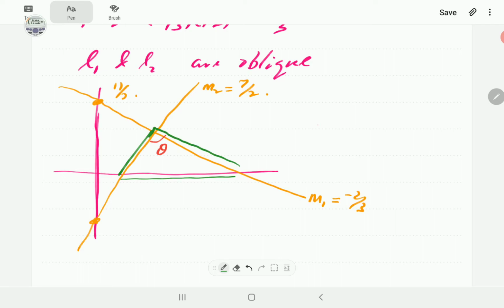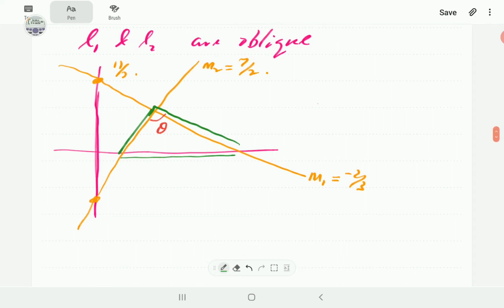Let's start with the inclination angle for m2. Let's call that one theta 2. So theta 2 is going to be inverse tangent 7/2.